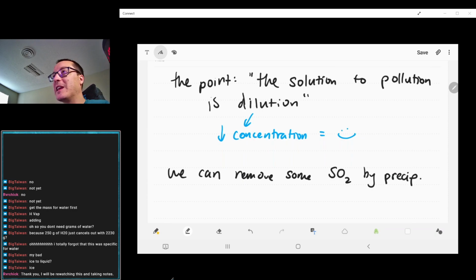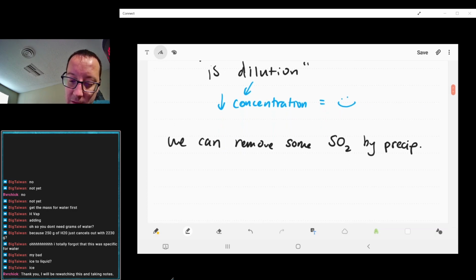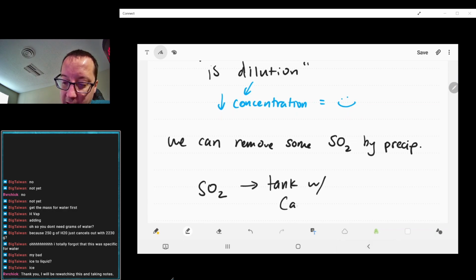We're going to precipitate it out. And not like rain precipitation, but solid formation, Ksp, that sort of precipitation. When you're burning the coal, the SO2 from that coal is put through a tank that has calcium oxide in it, lime, or slaked lime.